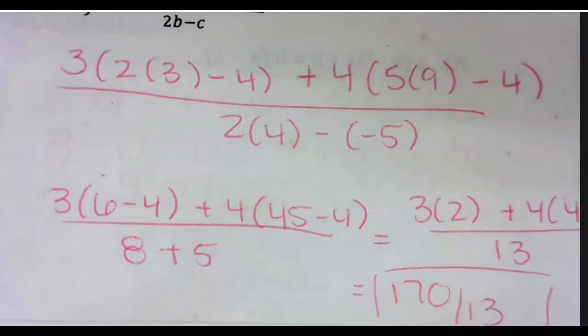Clean up the multiplication in the denominator. What's your negative times a negative? That's a positive. Be careful about your subtracting. And you get 170 over 13.